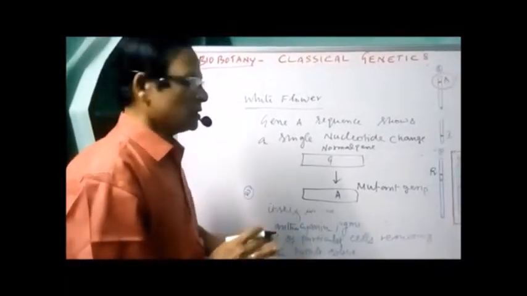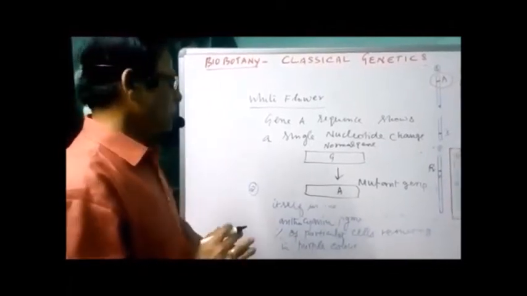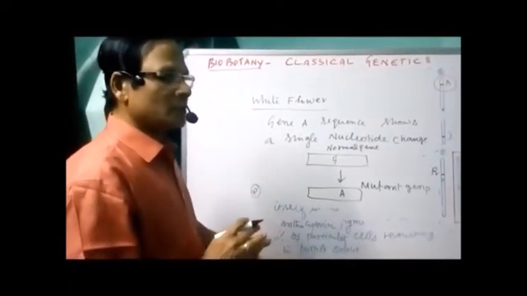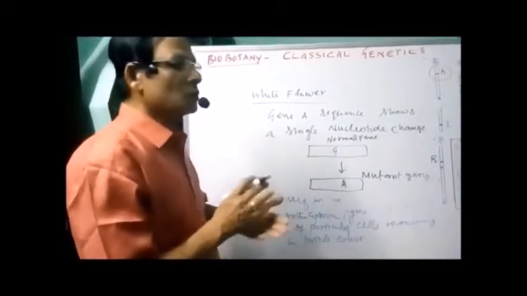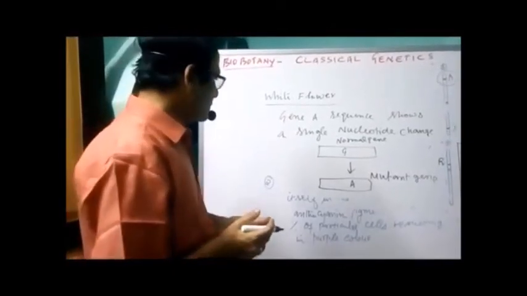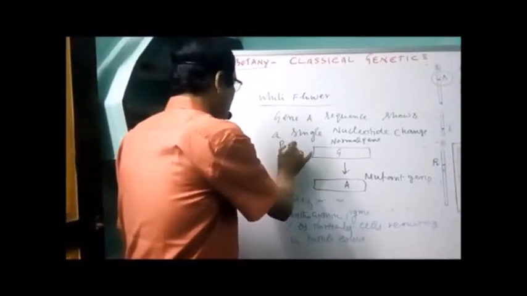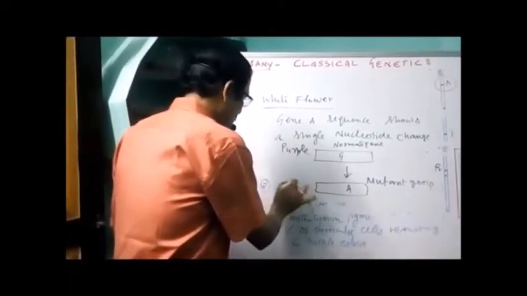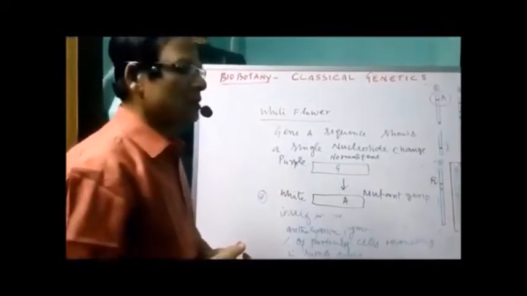But the mutant gene makes the transcription factor inactive, so there is no gene expression, no switching on. As a result, there is no formation and accumulation of anthocyanin pigment, and the flower becomes white in color. Here the flower is purple in color, and here the flower is white in color. This is because of a single nucleotide change.